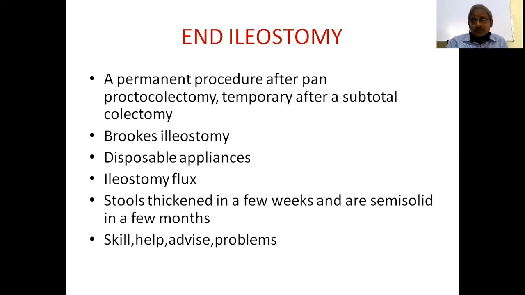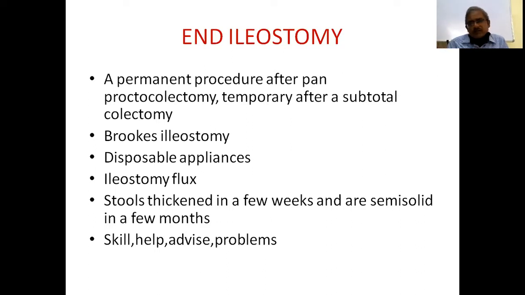And skill, yes, the surgeon should be skillful here. Never hesitate to ask for help from your seniors or colleagues. And don't ignore advising the patient how to manage properly, because it is ideally described in all textbooks and followed in the NHS system, the US, or even in higher centers here, that there is a stoma care nurse who will give not only psychological help but also professional help on how to manage their colostomy or ileostomy wounds.